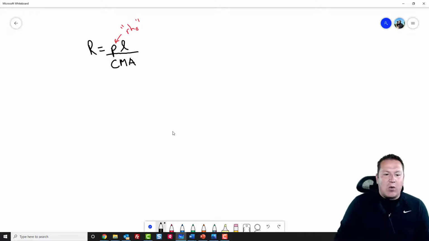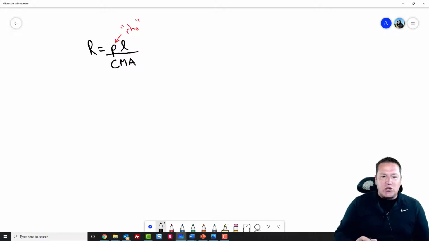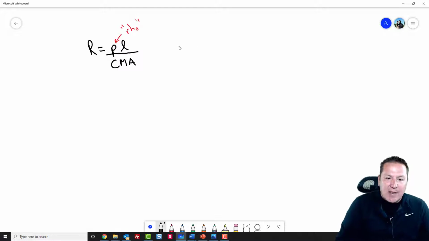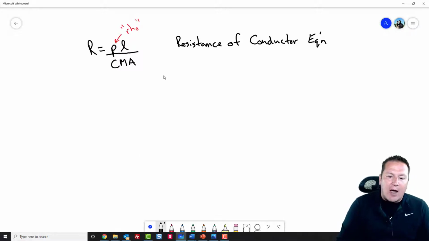Okay, now let's talk a little bit about circular mill area, and I got a couple of notes I'm going to do for you so you understand what this is. And so this is, let's just make a note here, this is the resistance of conductors equation. Okay, and I'm assuming you know what a conductor is. It's basically a wire. Okay, now let's talk about the CMA for a little bit here.